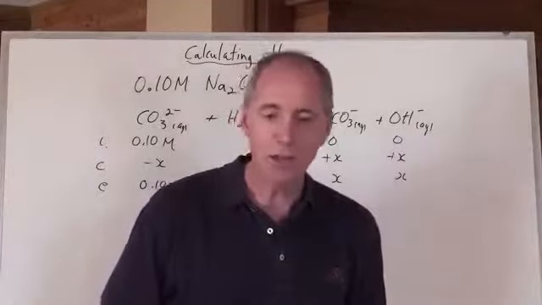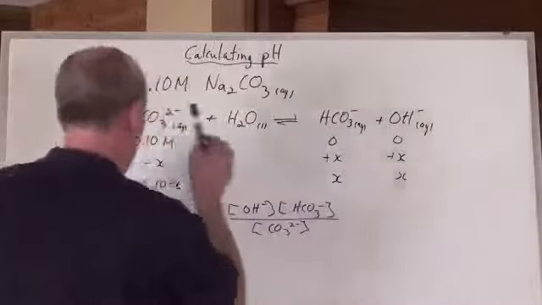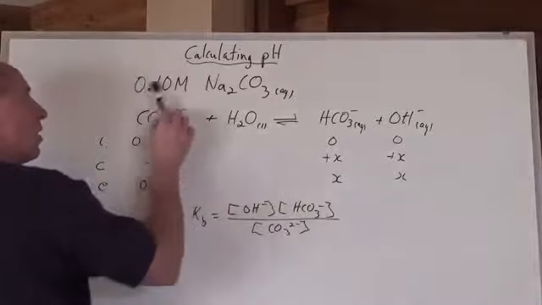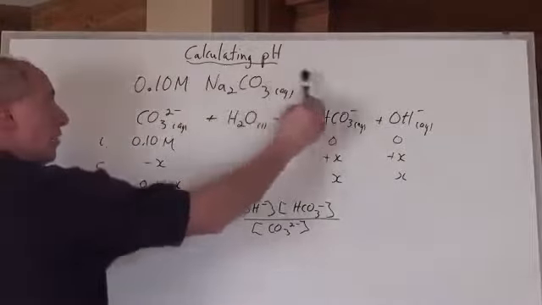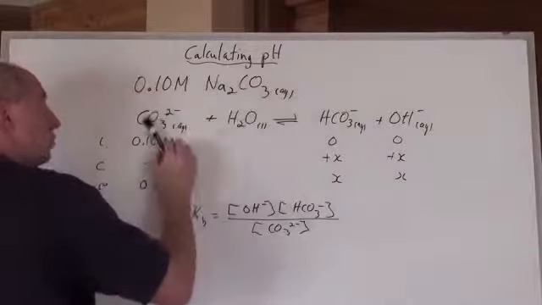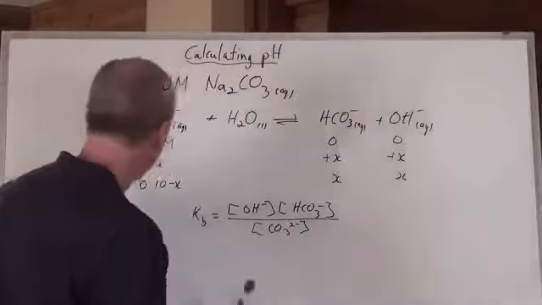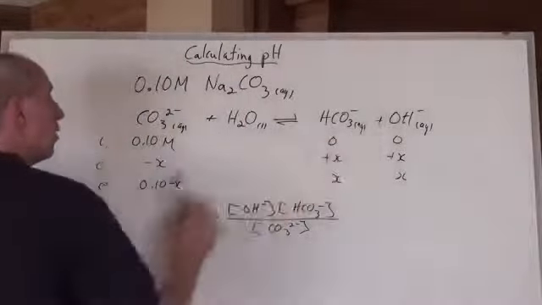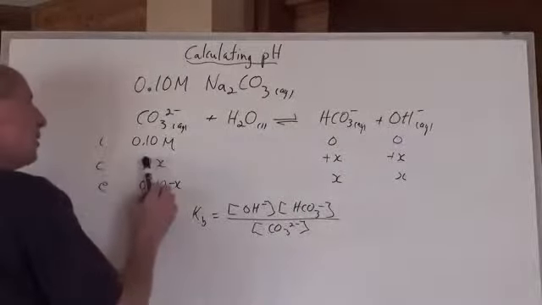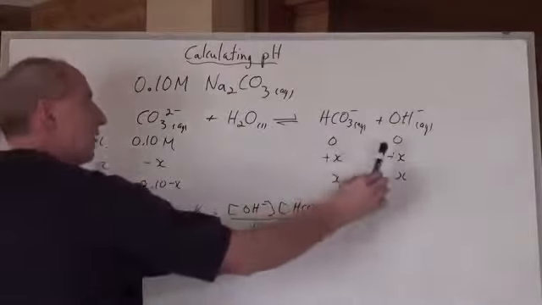How are you going to do that? First of all, you've added this to water and got the equation. Recognize that the concentration of carbonate, when you dissociate this chemical, is going to be 0.1. One of these molecules makes one of these carbonates. So 0.100, ICE box. Initial, change is going to be lose X here to gain X here and gain X here.